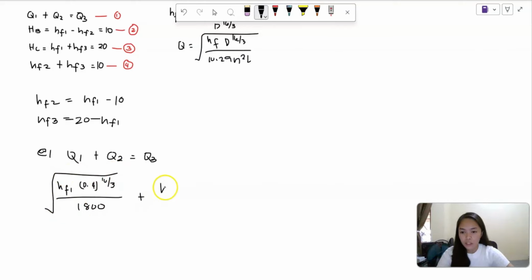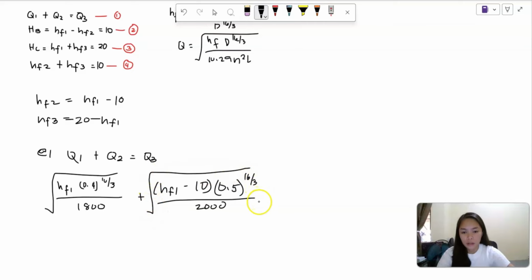Plus HF1 minus 10, this is from here. Then the diameter of pipe 2 is 0.5 raised to 16 over 3 over 2000, which is the length of pipe 2.